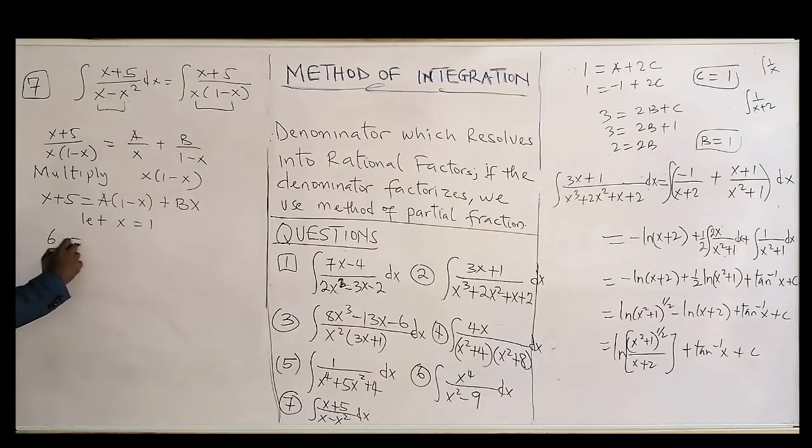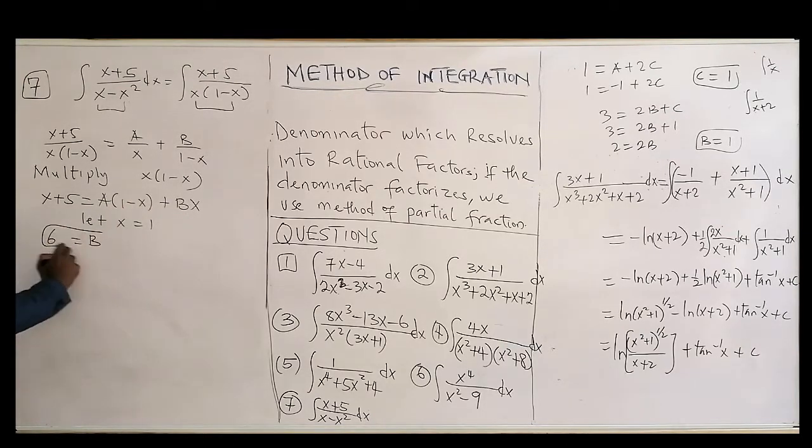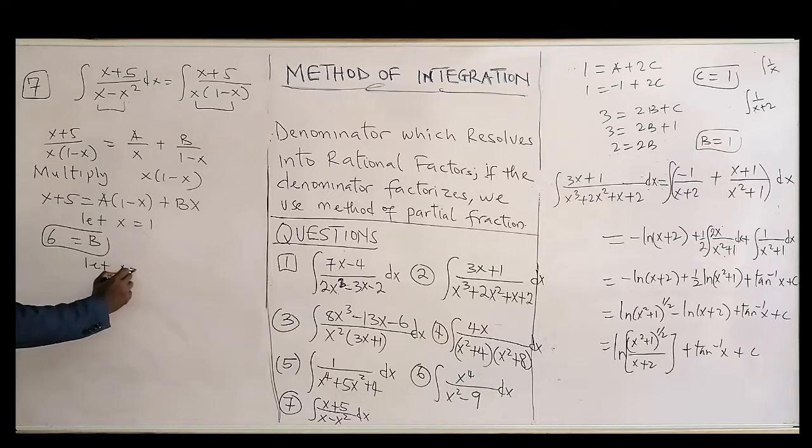So you have 6 here. This one we cancel. Then we have b, so b is 6 here. Then the next one, what can we do again? You can use any value. Let x equal to 0. So I have 5 equal to a. I have a here. This one we cancel. So a is 5. You can see this one is very fast.